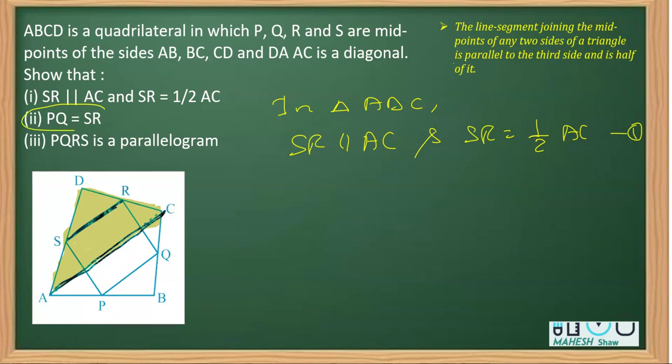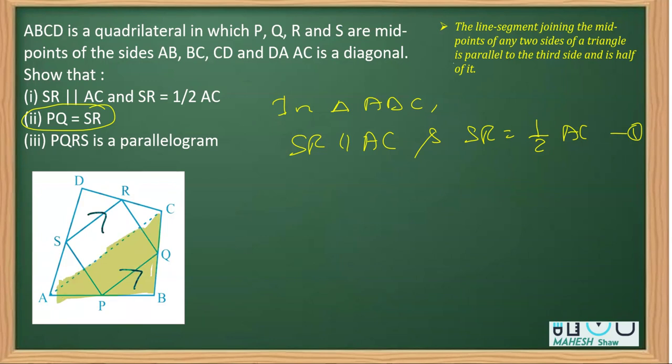When we see the next part, it says prove that PQ is equal to SR. For that, what we are going to do is consider this triangle, and then we are going to prove PQ is equal to half AC.